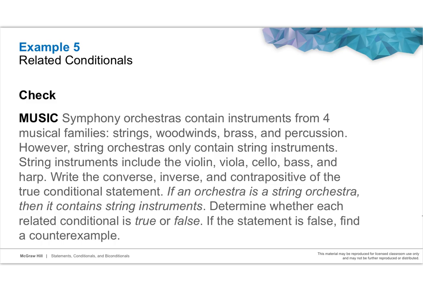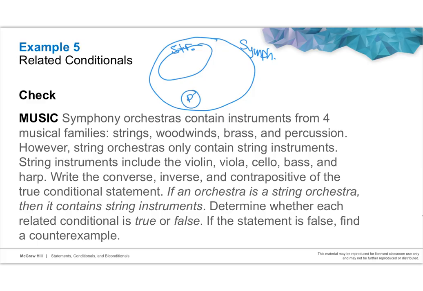So in our music example, just like with our fish example, again, I think it helps to draw a Venn diagram that helps relate the different groups of items. So we have a symphonic orchestra, and inside of that symphonic orchestra, we have both string instruments and we have percussion, brass, and woodwinds.